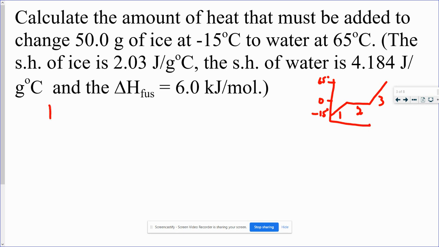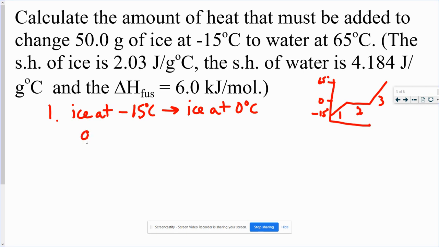So step 1, I'm going to take ice at minus 15 degrees to ice at 0 degrees. So really important, you cannot do a phase change and a temperature change at the same time. Only a temperature change is going to be in the same phase. And then a phase change, the temperature's not changing.